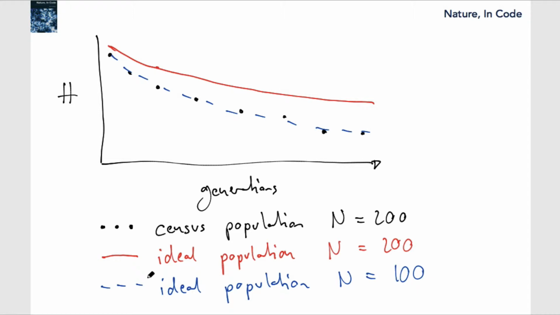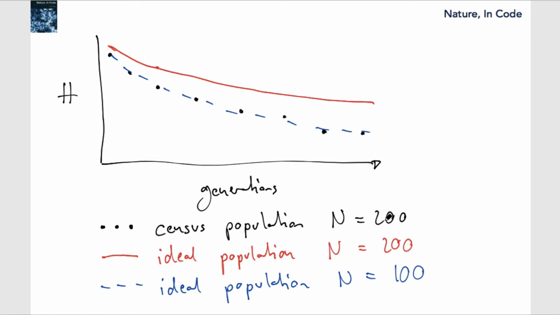What that means is that your population that has 200 individuals in fact behaves as if it were an ideal population of size 100. So that's how this definition comes about: the size of an ideal population, in this case 100, that shows the same decay of genetic variation as the actual population of interest, which here is the population in black. So that is the effective population size.